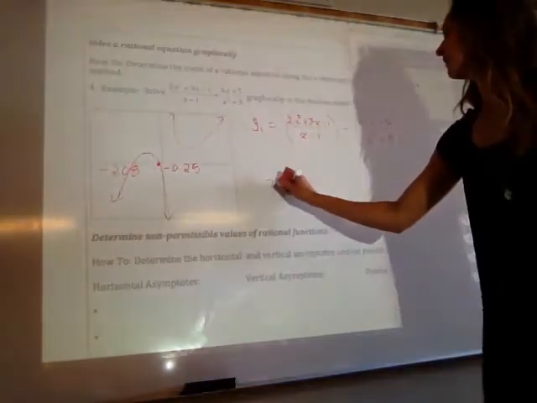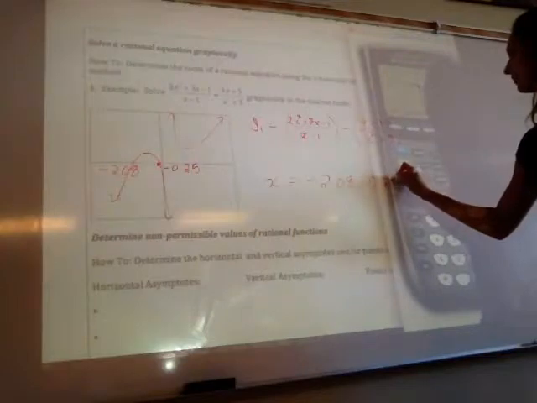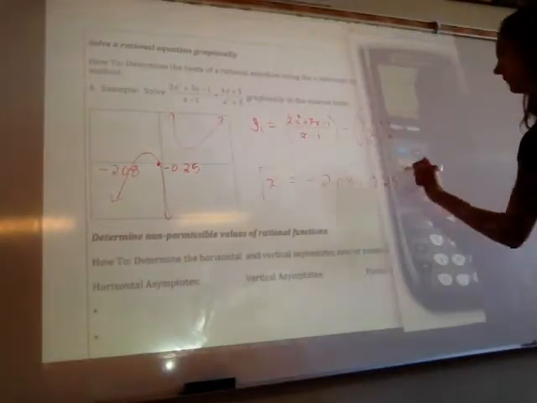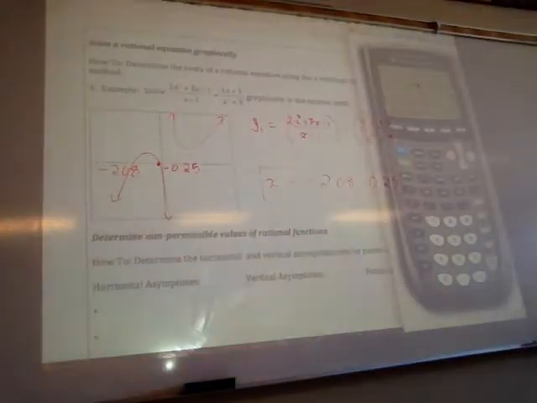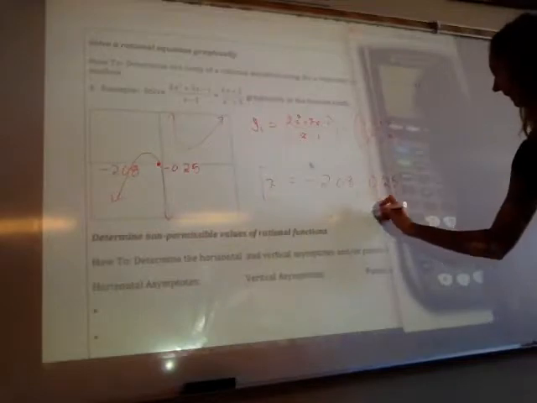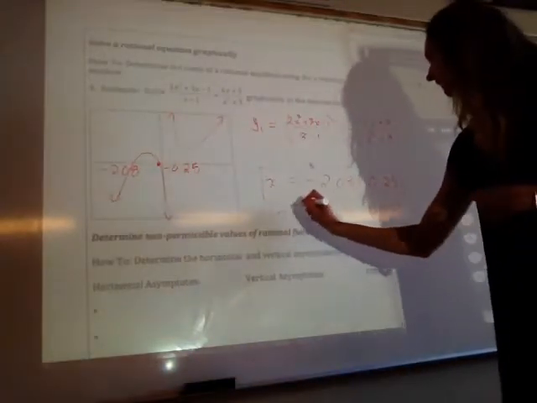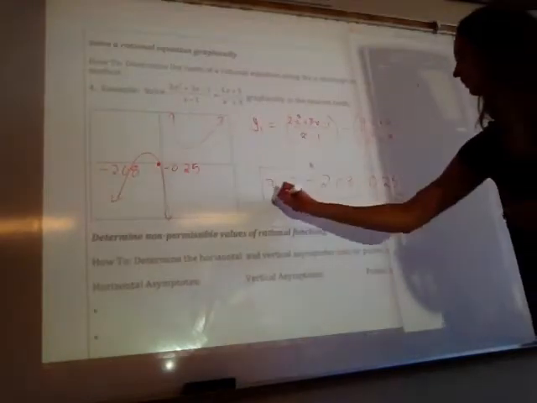Okay, so x equals negative 2.08 and negative 0.25. Easy as that. Okay, now if we're asked the nearest tenth, negative 2.1 and negative 0.3. Make sure you're reading carefully what you need to round to.